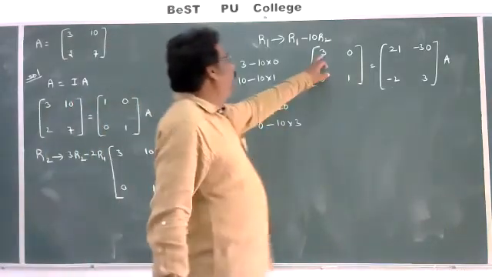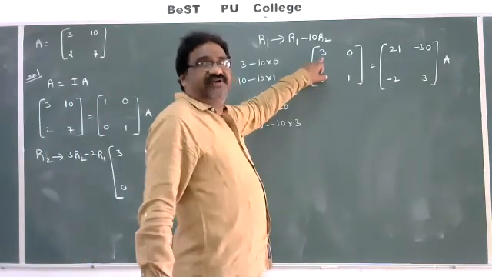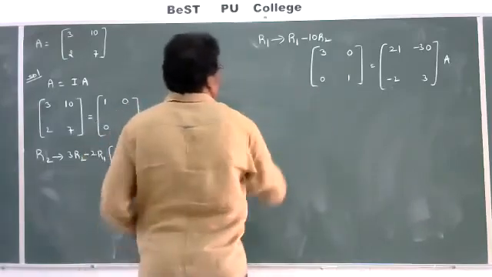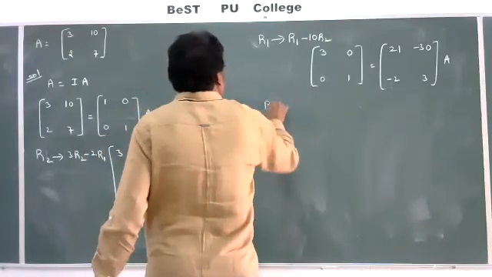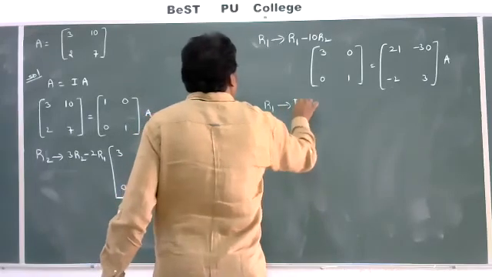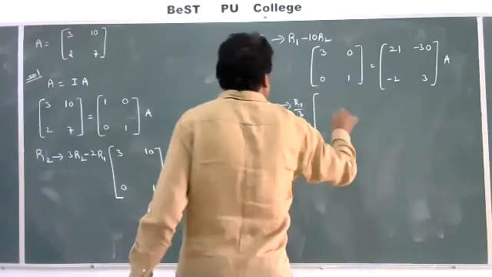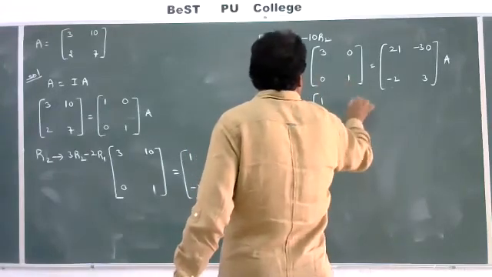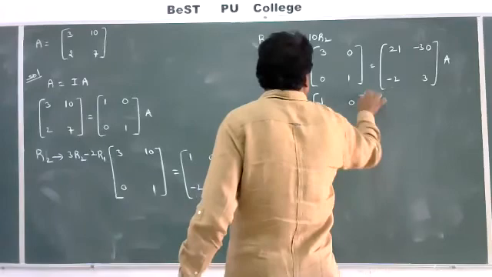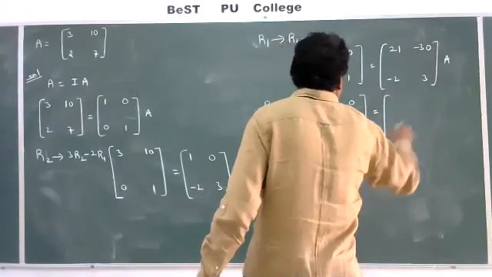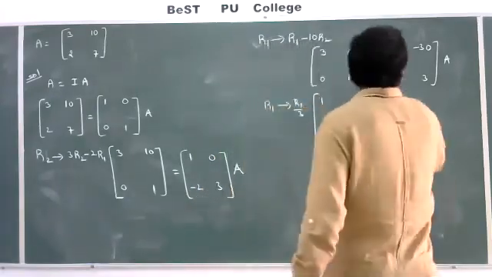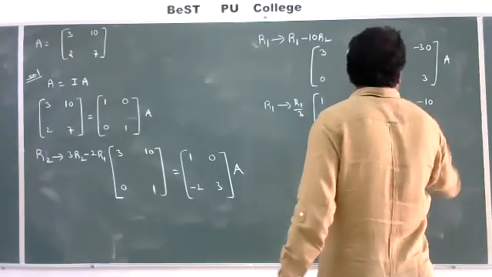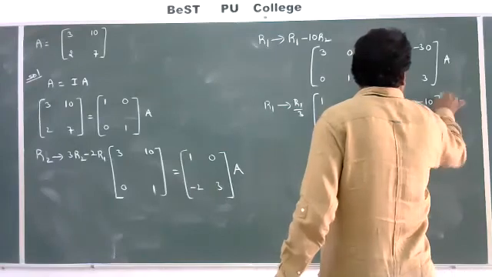Then we require 1 here. That's why dividing the first row with 3. That's R1 goes to R1 by 3. 3 by 3, 1. 0 by 3, 0. 0, 1 is equal to matrix 21 by 3, 7. Minus 30 by 3, minus 10. Minus 2, 3.